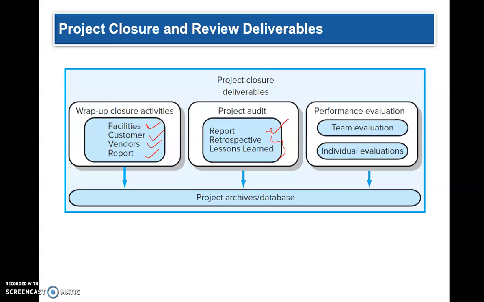Then you need to evaluate the performance of the team and the team members, and then make sure that you give out rewards and recognition for some of the members who have done extremely well, and all the members who have been in the project throughout the project. And all these should go into a database, into the project archives.